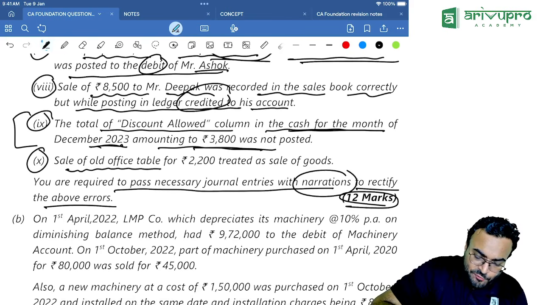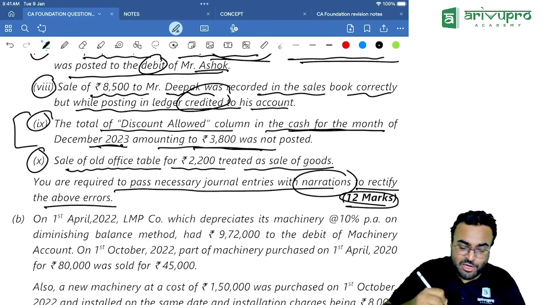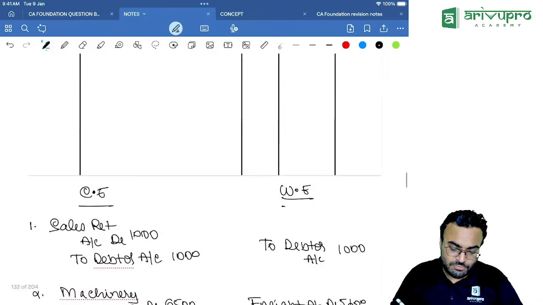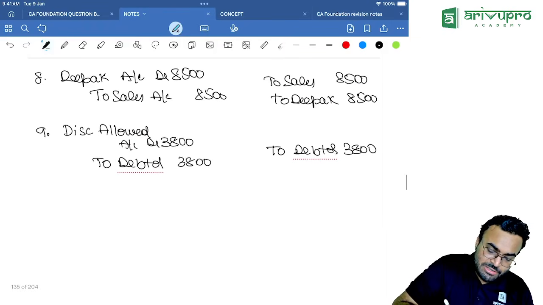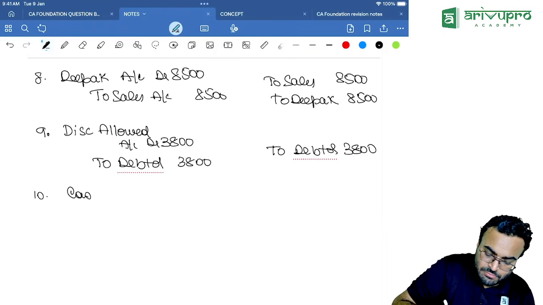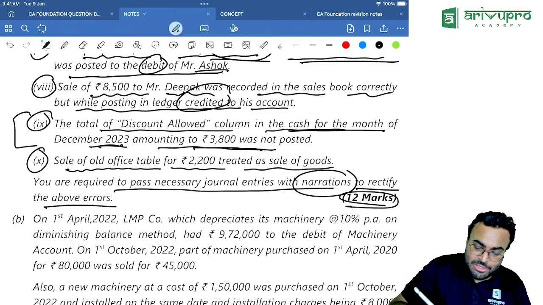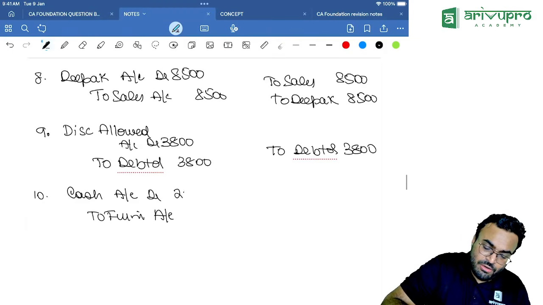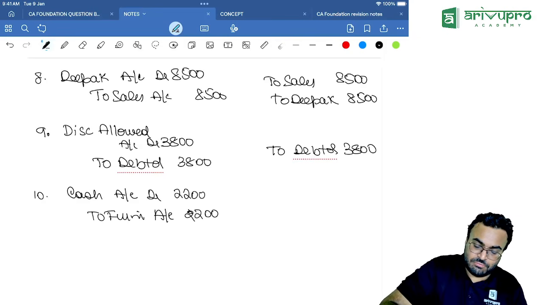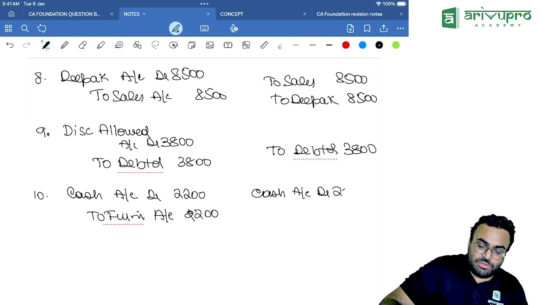Sale of old office table 2,200 treated as sale of goods. Yes, what is the correct entry here? Cash account debited to furniture account. How much? 2,200. What is the wrong entry? Cash account debited 2,200 to sales account 2,200.